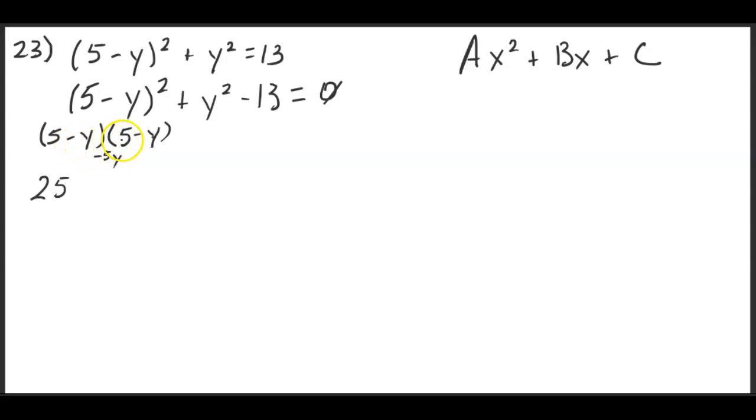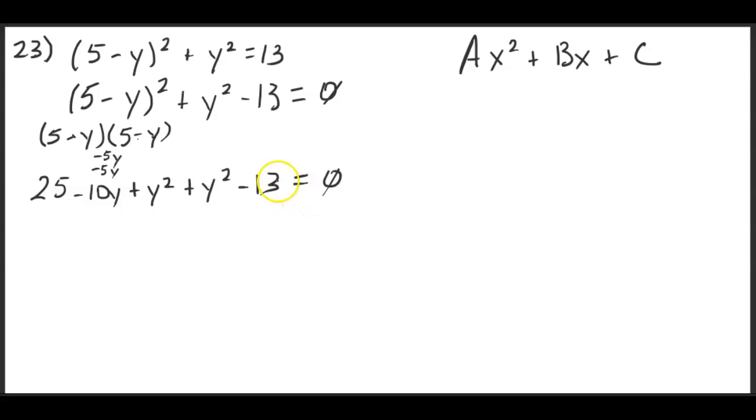Negative y times 5 is negative 5y. So that's going to be negative 10y. And then negative y times negative y would be positive y squared. Okay. There's a plus y squared, and there's a minus 13.